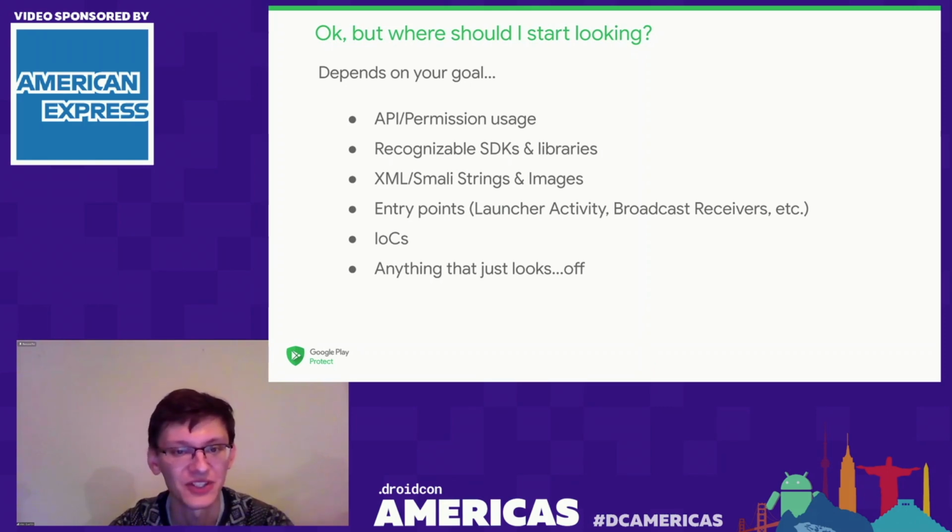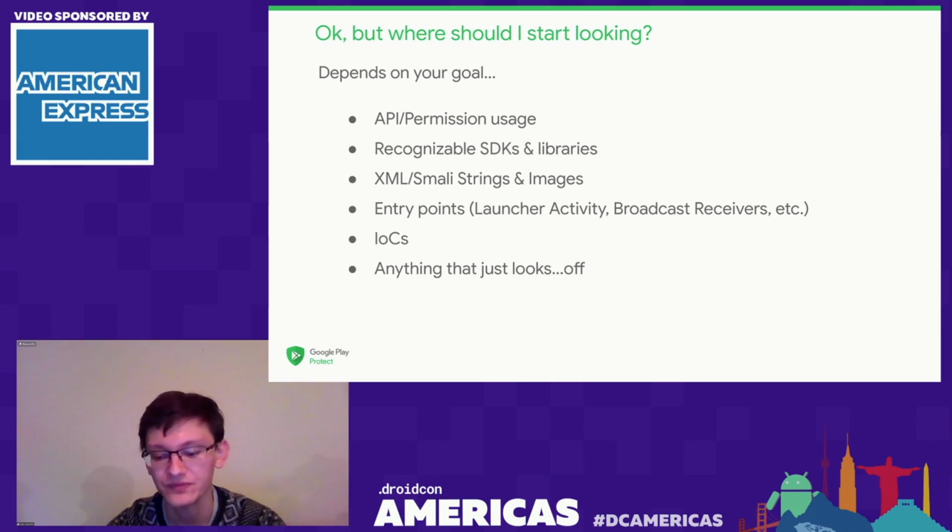In our case, sometimes we're also just looking for anything that's off, anything that just doesn't look normal. And in this case, volume really helps. Once you've gotten some volume under your belt and you know what normal development patterns look like across different companies, regions, and industries, then you'll know when things don't quite look right, and that can give you an idea of where to start looking.